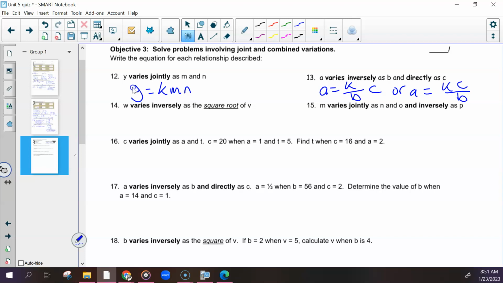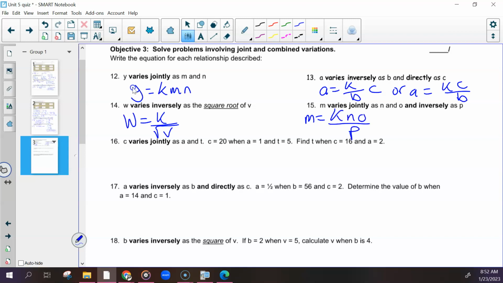W varies inversely as the square root of v. W equals k over the square root of v. And then 15, m varies jointly, so m equals k and o, and then inversely as p, divide by p.